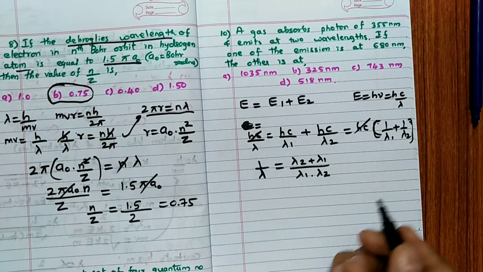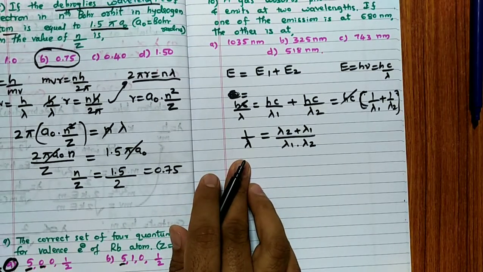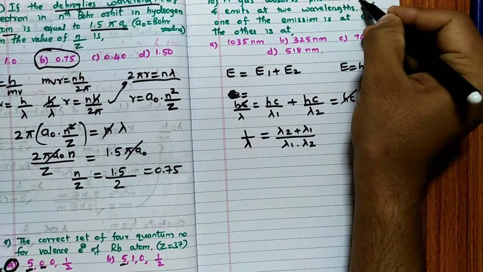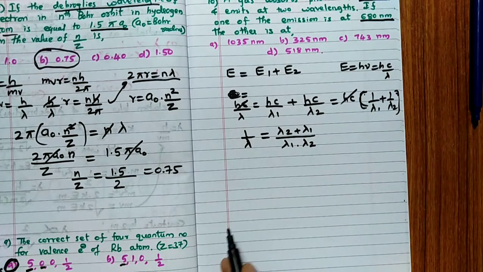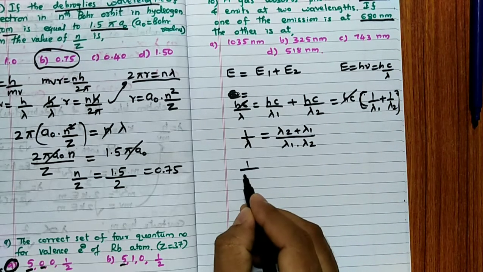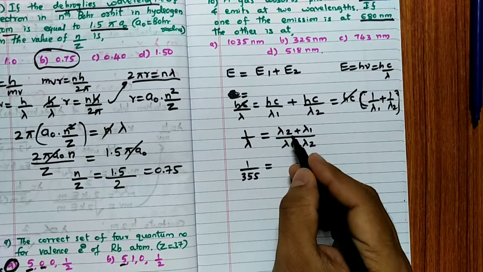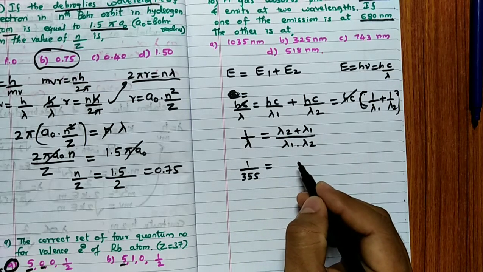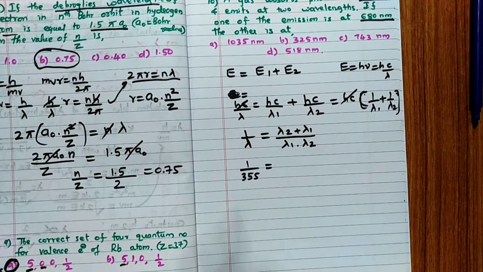Right? Now you substitute. So what you have to substitute? Lambda is equal to how much? In this particular case, 355 nanometer. So they have given 355. Lambda 1 is 680. They are asking lambda 2. Right? So 1 by 355 is equal to, lambda 2 we need, right?